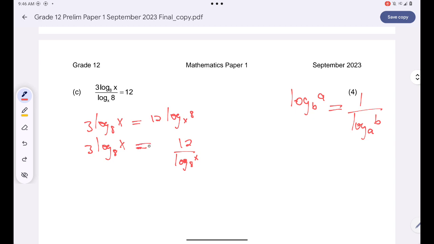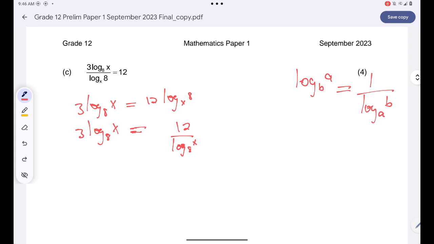So now, guys, my logarithms are the same. Just to eliminate a bit of confusion, please, guys, do this. Just say let log x base 8 be equal to k. You will end up having 3k being equal to 12 all over k.